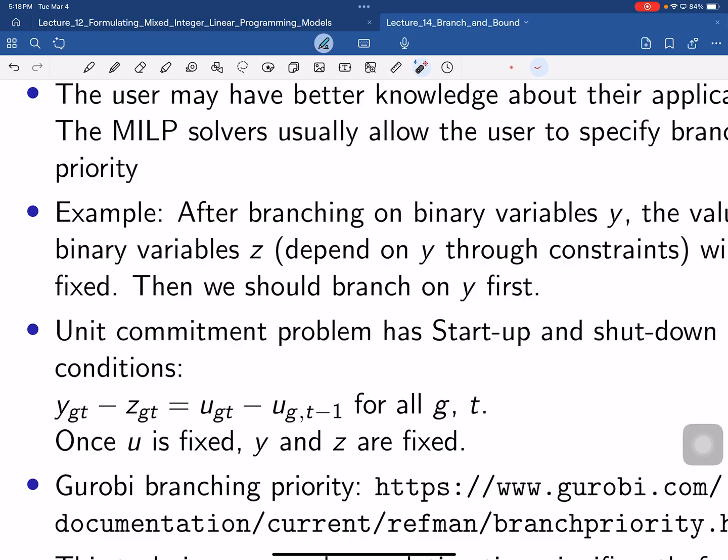And in other problems, there are similar observations, right? Basically, the idea is if you fix part of the binary variables, usually a very small number, the rest of the binary variables will be automatically fixed through constraint propagation, right? Then you should first branch on this very small number of binary variables, to avoid branching on the other very large set of binary variables, okay?